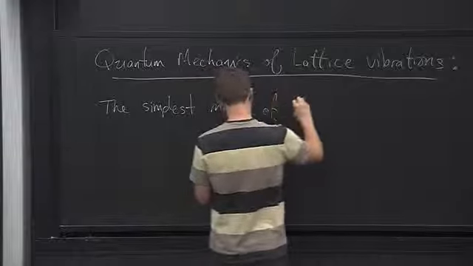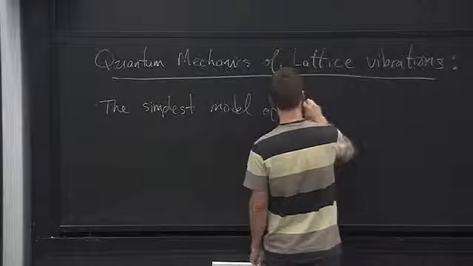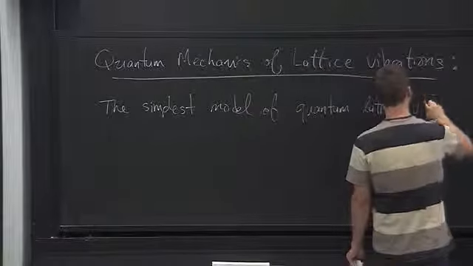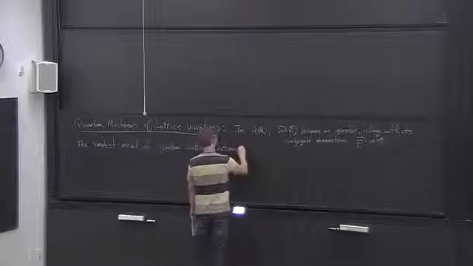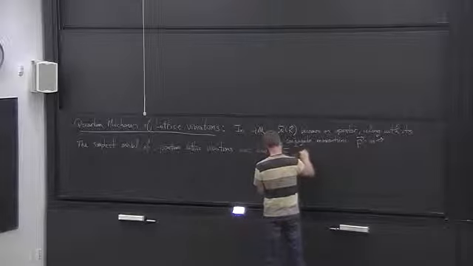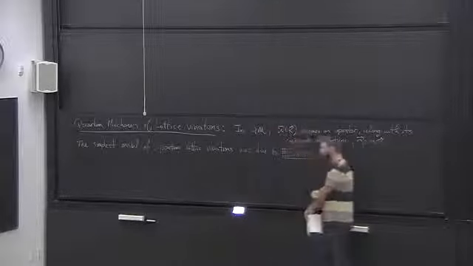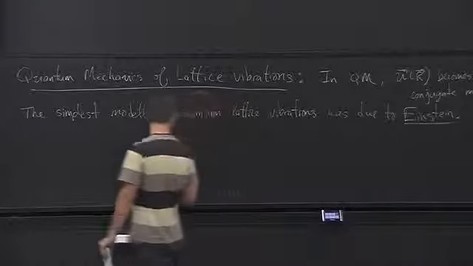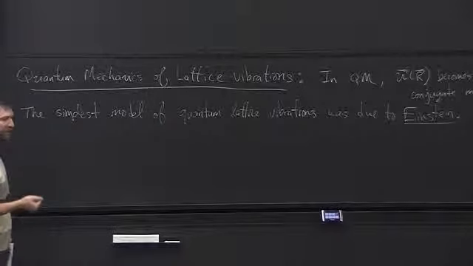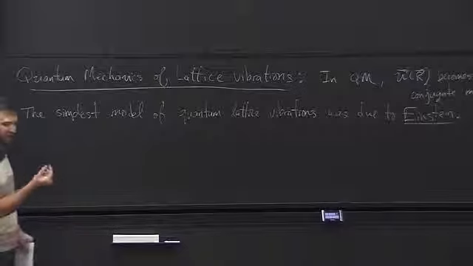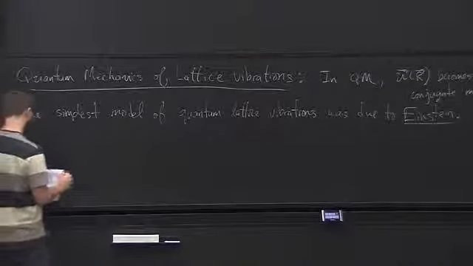So the simplest model of quantum lattice vibrations was considered actually by Einstein, who was a pioneer of a lot of the concepts that we use in condensed matter, in addition to all of his work on relativity and so on. And that was just treating each atom, or each object on the lattice, as an independent oscillator.